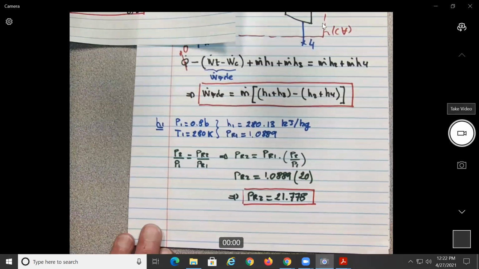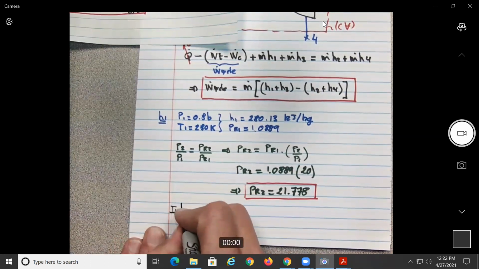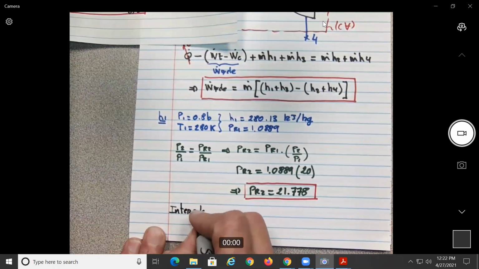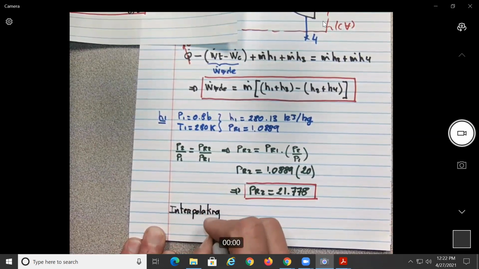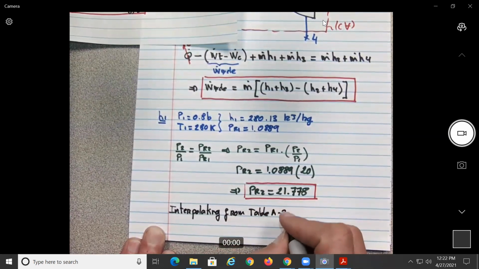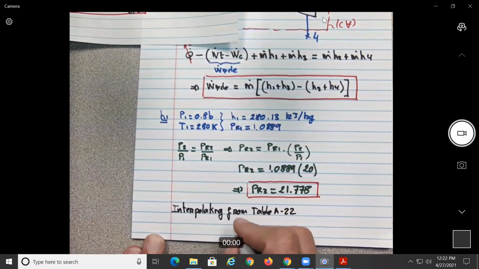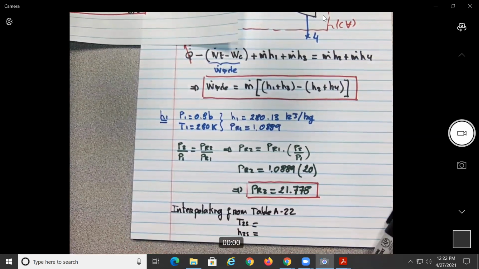I will say interpolating from table A22. Really, I don't know if we need that much T2S, but I know we're going to need H2S. They give us that in the interpolation, so we might need it later. Let's take it now.